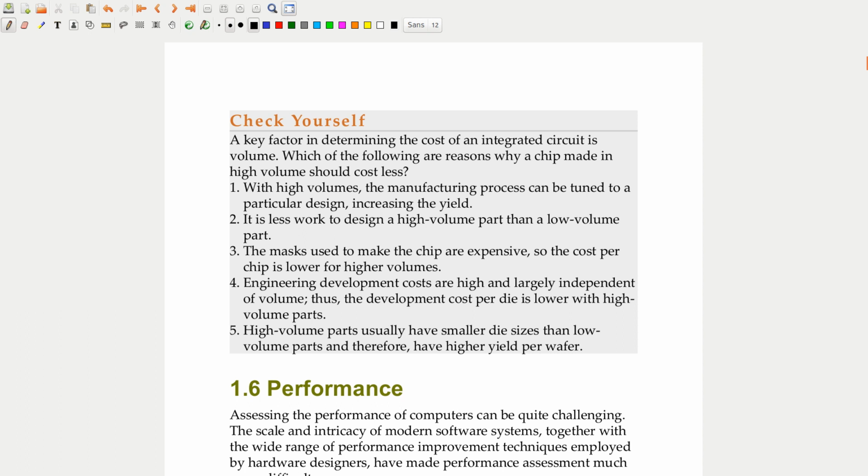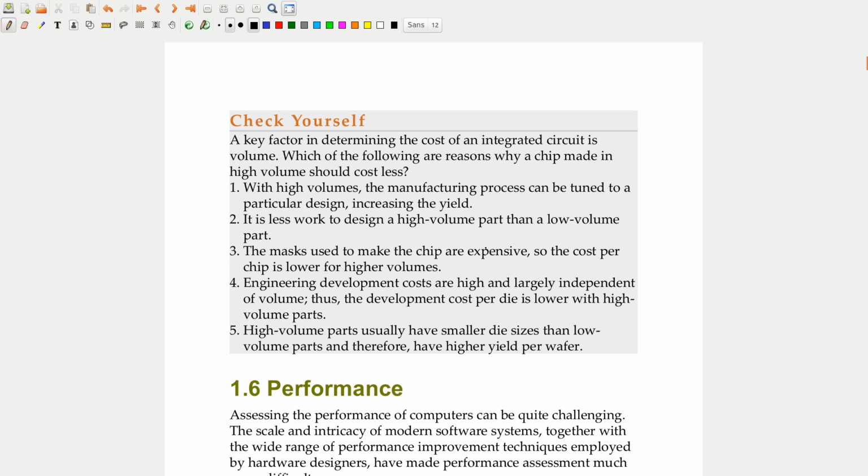If we have a low volume part, that doesn't say anything about the complexity. Same thing with the high volume part. Yield is determined by complexity, and same thing with cost. Cost is determined by complexity and then brought down by your total volume that you're making. If you make a large volume, you're generally buying and selling in bulk.